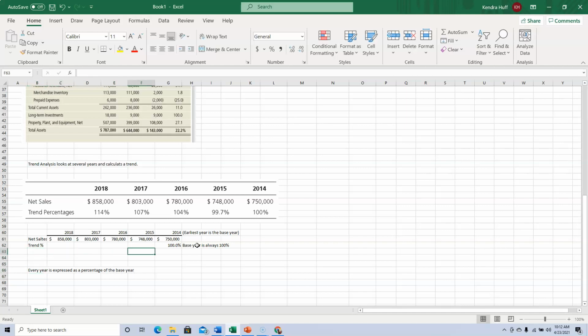All right, so for 2015, you would do 748 divided by 750. So equals 748 divided by 750. All right, and notice it's less than 100% because sales went down. Then for this one, it's going to be 780 divided by 750. This one would be 803 divided by 750.